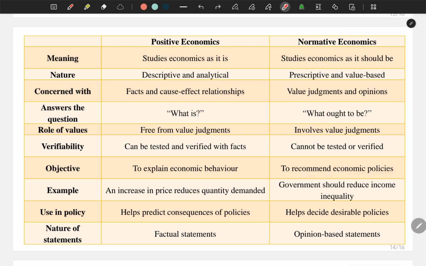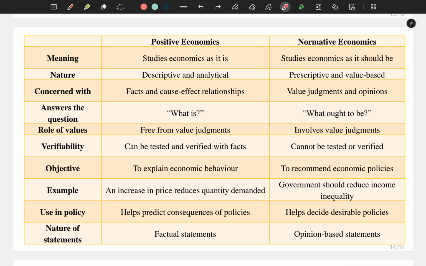For example, an increase in price reduces quantity demanded. Here we are just checking the facts. But in normative economics, it says that the government should reduce income inequality. It is like judging, or giving opinions, or it is value based.